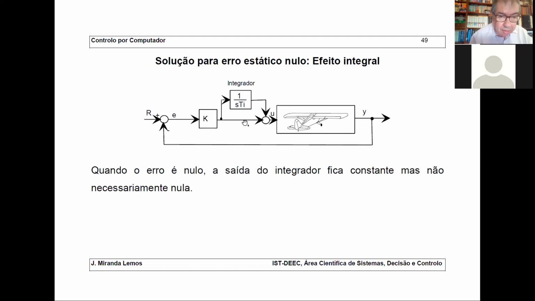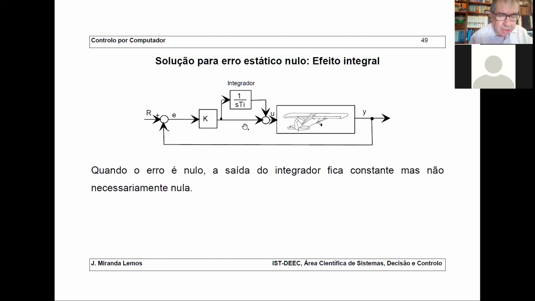And actually, if you think of 1 plus 1 divided by sTi, well, Ti is a constant. What you are doing, the equivalent of the parallel of these two branches, is a transfer function that has a pole at the origin in s, but has a zero.